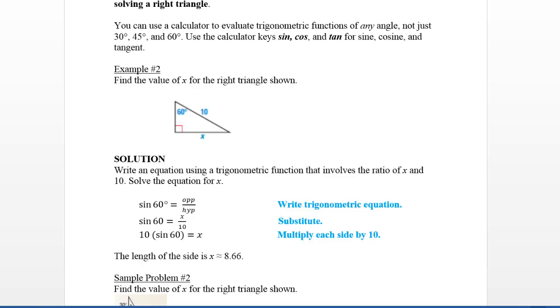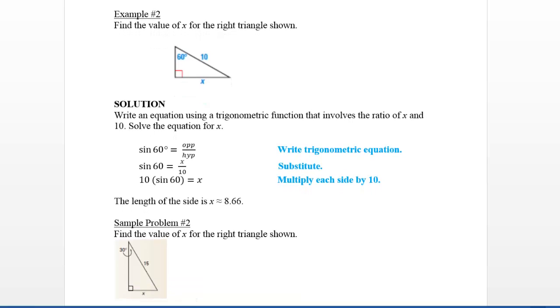Alright, so example 2 says to find the value of x, which is a side length. So we want to take a look: what is the relationship from the 60-degree angle to x? We know that it is opposite, and we are given the hypotenuse. So we want to back ourselves into a trig function.